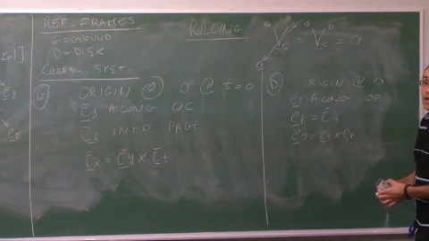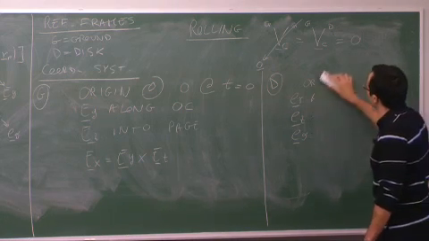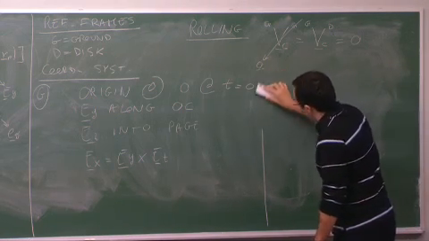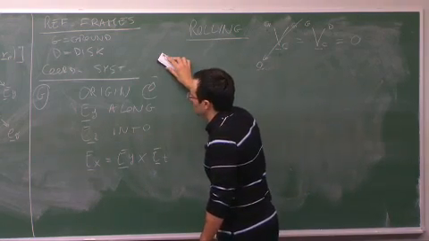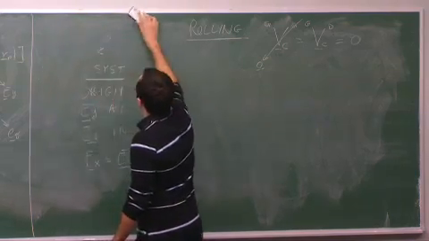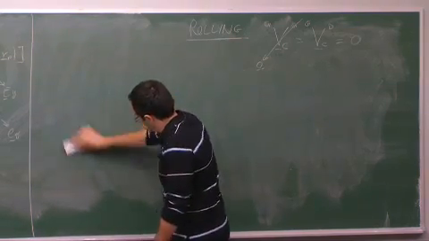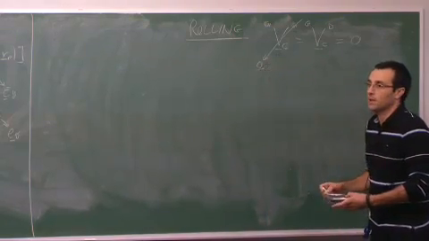Now the question that I have for you, and I hope that I get to solve it: what do you think about the acceleration of C as part of the disk? What do you think that should be? Can you guess?